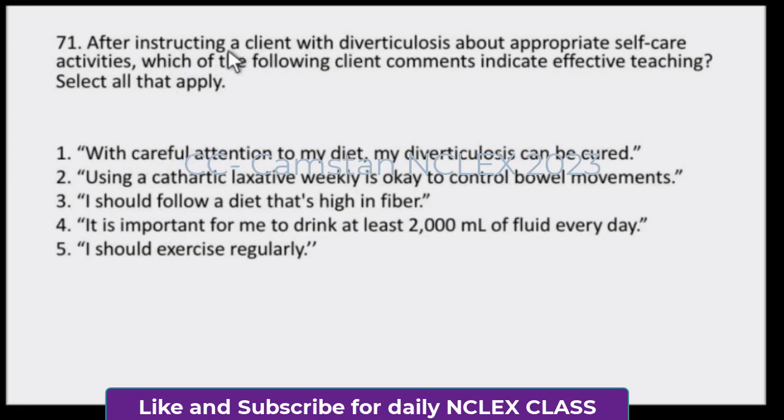So the nurse instructed the client regarding diverticulosis, and now the client is commenting, and what comment indicates effective teaching? The first is, with careful attention to my diet, my diverticulosis can be cured. Well, if the client pays careful attention to his diet, his diverticulosis can be controlled, but it cannot be cured. So it should be controlled, right? So this option is incorrect.